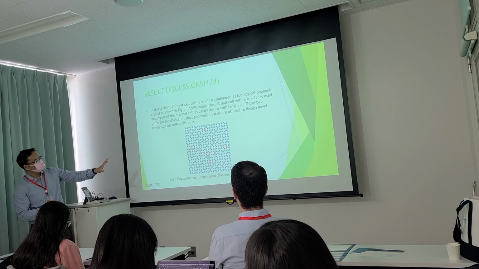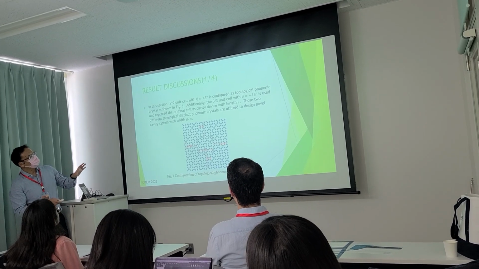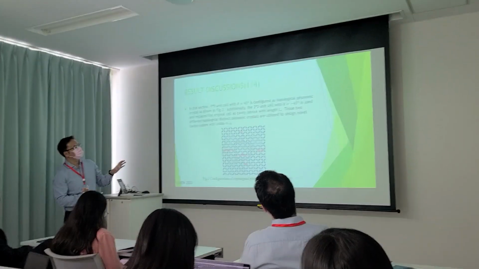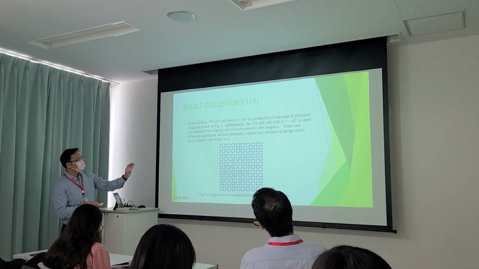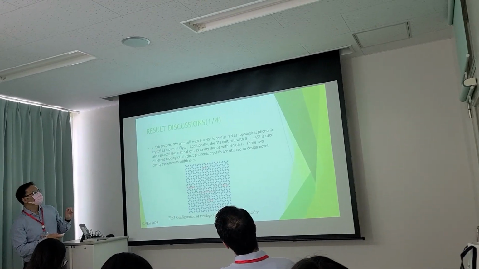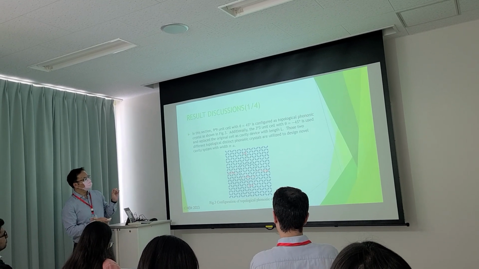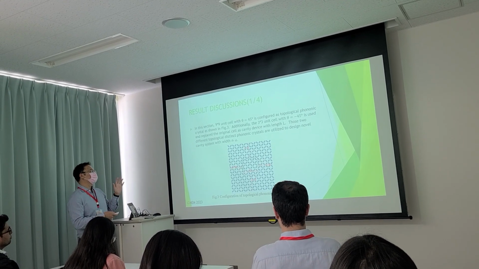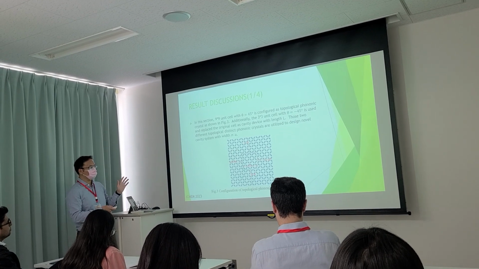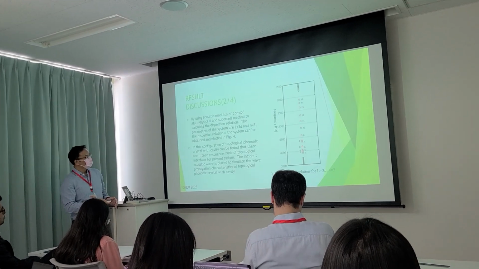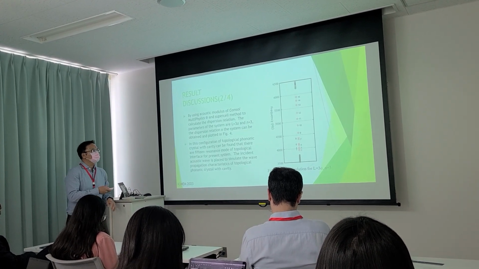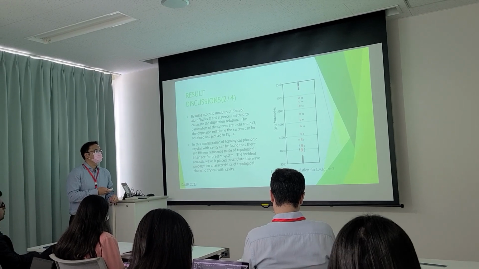This is my model, and the whole model is designed from type A, and I designed a cavity. I insert the wave propagation from the left side to the right side, and you can see we can find maybe 15 resonator frequencies.